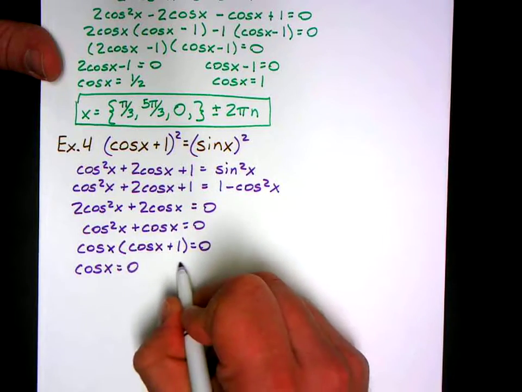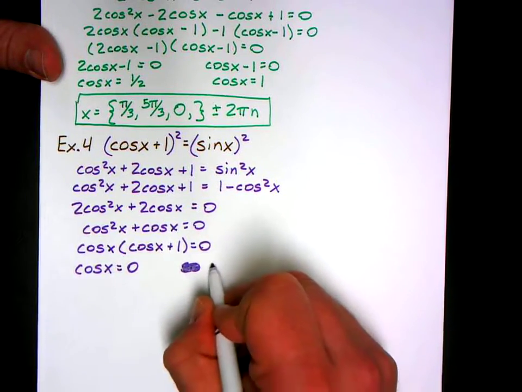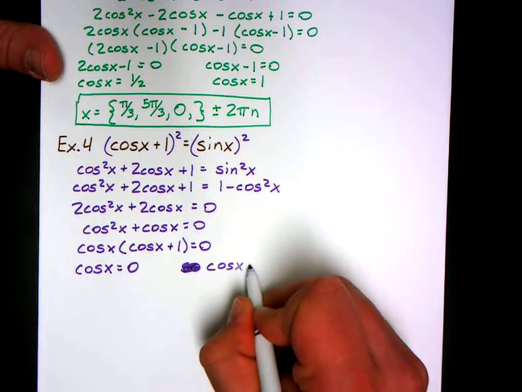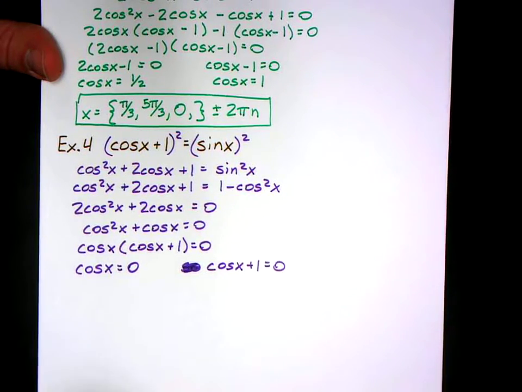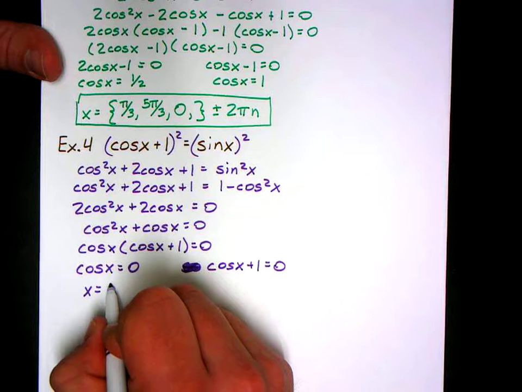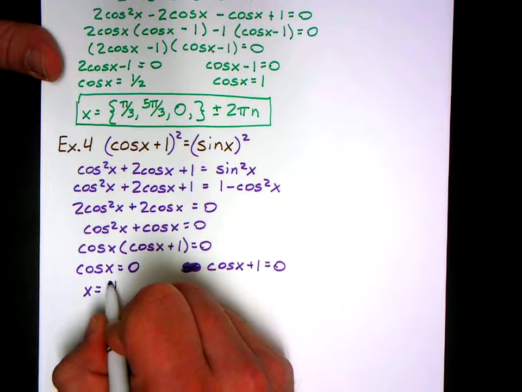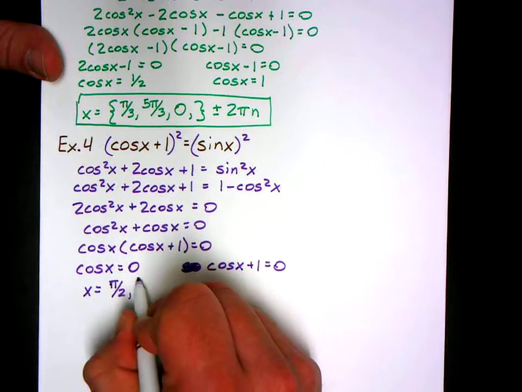So I have cosine of x equals 0. Okay, so cosine of x equals 0 at pi over 2 and 3 pi over 2.